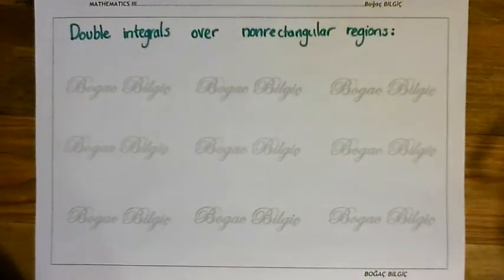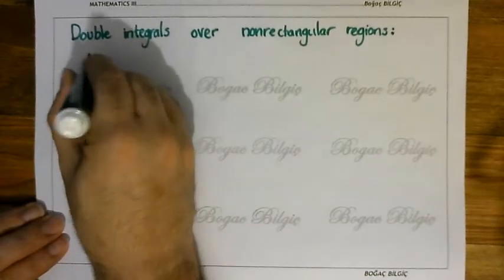We want to define and compute double integrals over regions more general than rectangles. More specifically, we want to extend the concept of iterated integrals to general regions, subject to the following conditions.